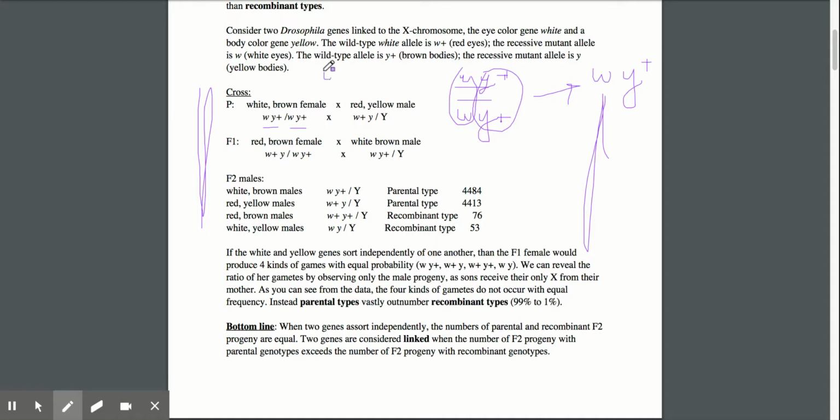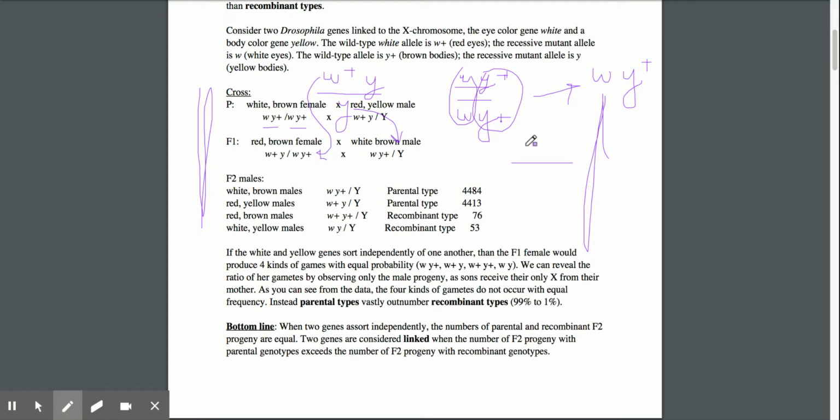And this male would have the wild type for white, the mutant for the yellow body, and then he would have the Y chromosome, right? He would be hemizygous. So he's going to give the Y chromosome to his sons and this X chromosome to his daughters.